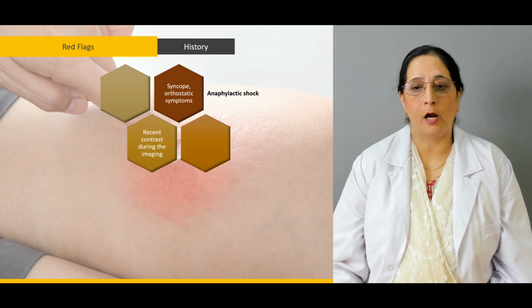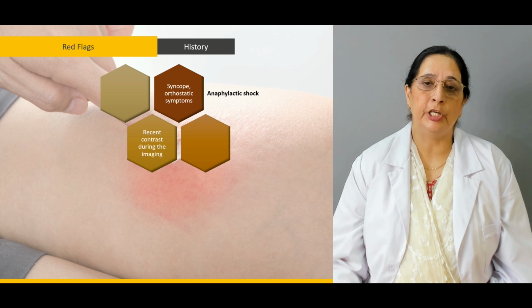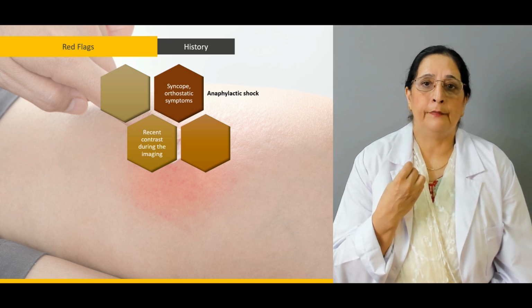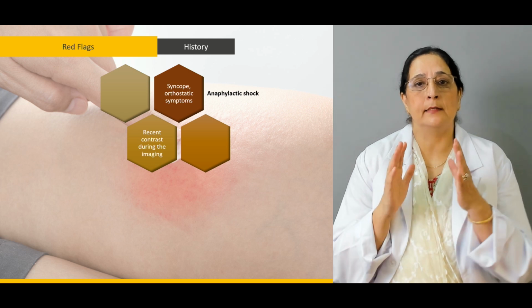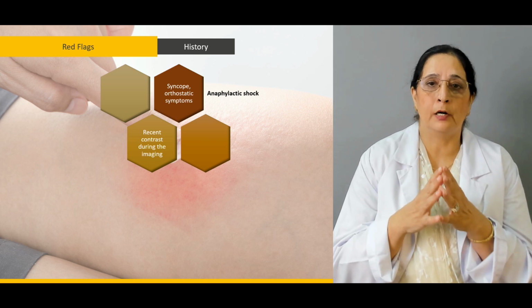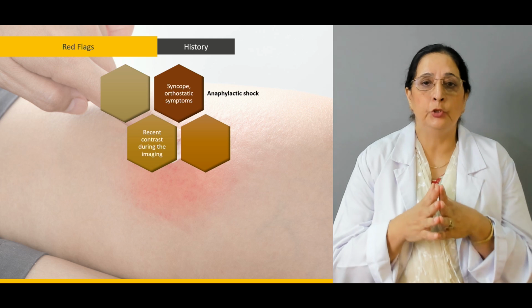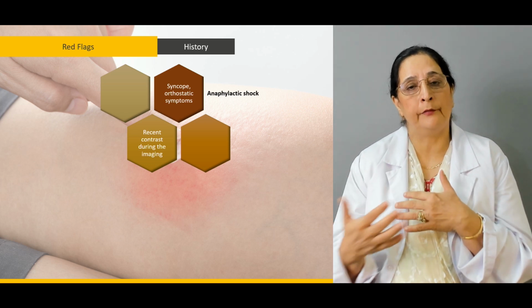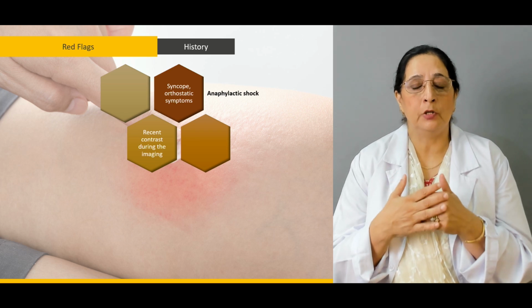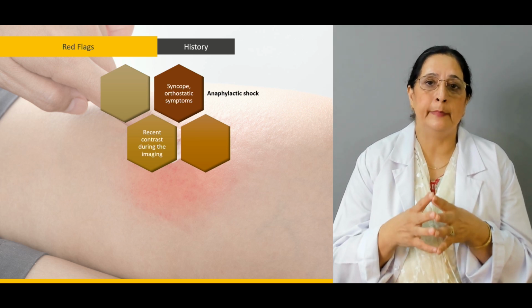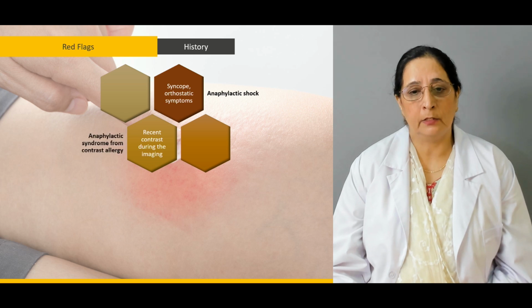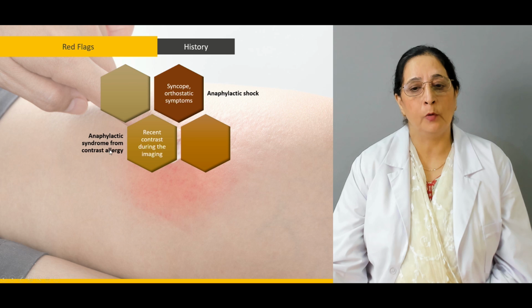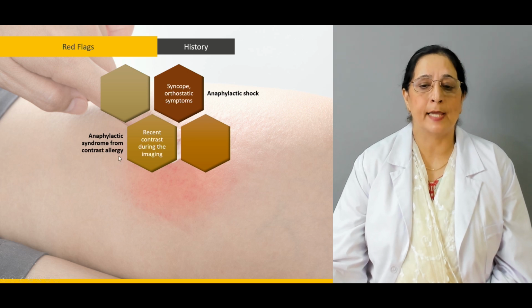Recent contrast during imaging: again, a lot of people have anaphylactic reaction as a result of different contrast media used for imaging techniques, and if there is a history of recent use of contrast during imaging, that can cause anaphylactic syndrome from contrast allergy.